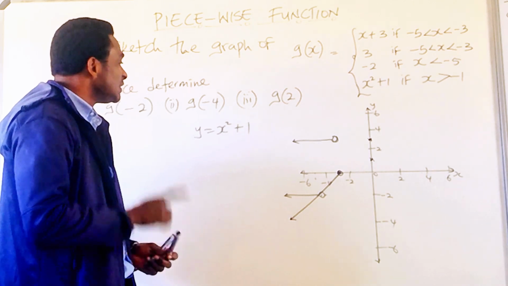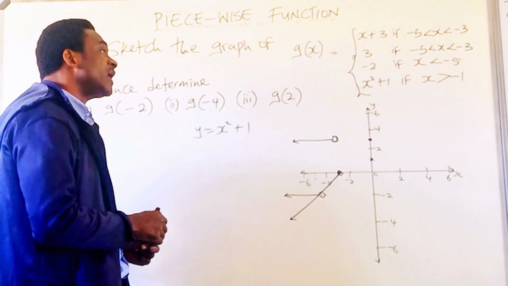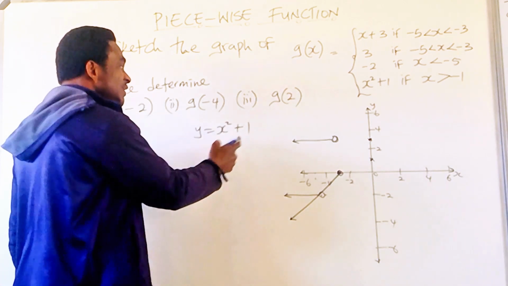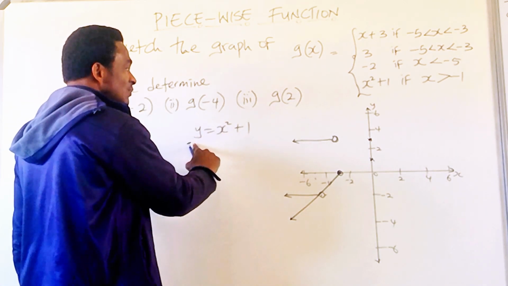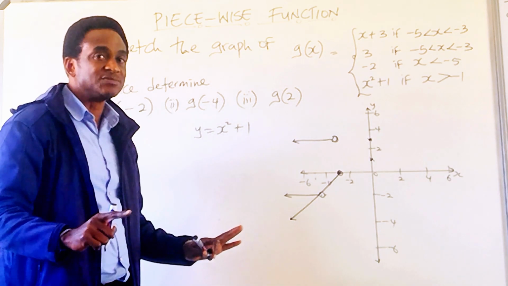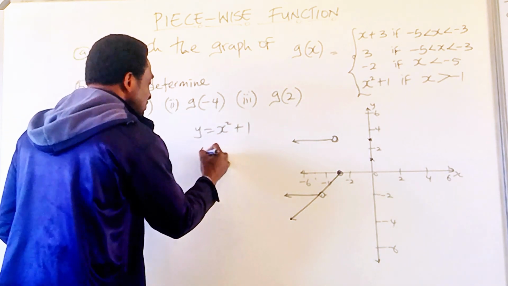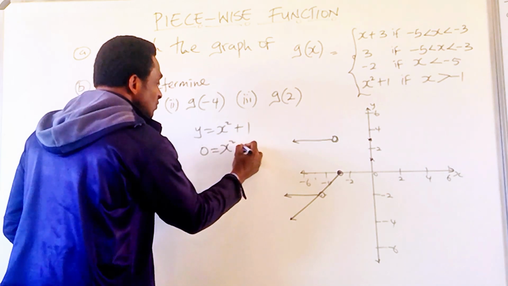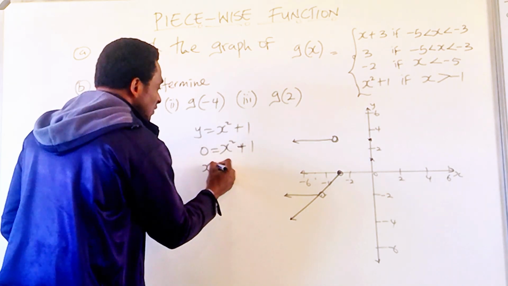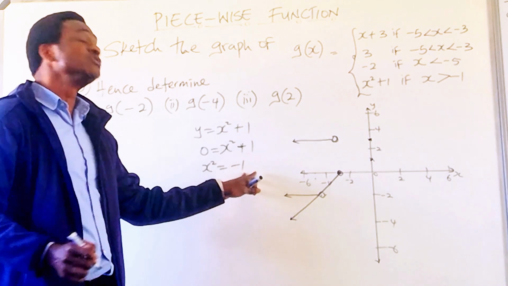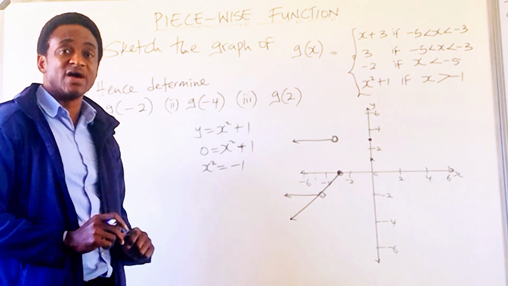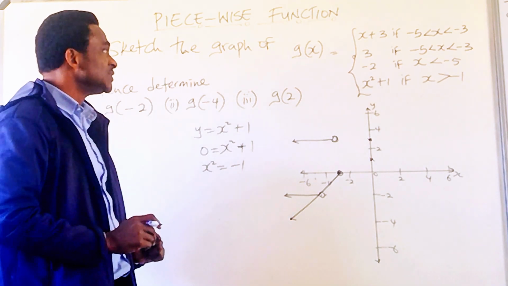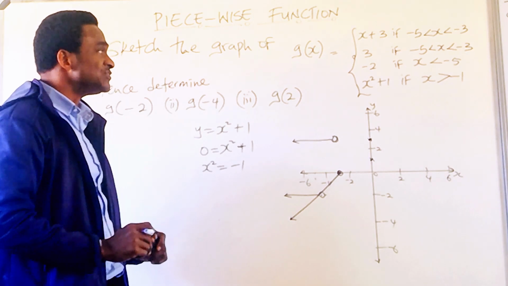But here, the next thing we need to check is our y-intercept. If we make x 0, we will not have any y-intercept, because we will have 0 equals x squared plus 1. x squared will give us negative 1. Root of negative 1 will give us an undefined value. So no y-intercept. But we focus on the restriction.